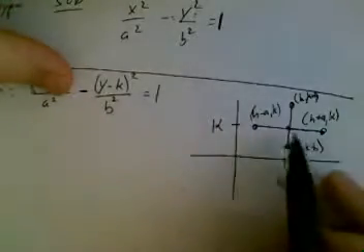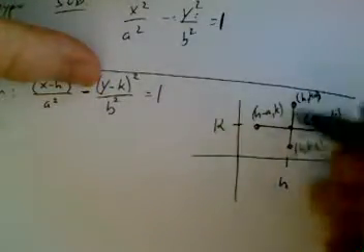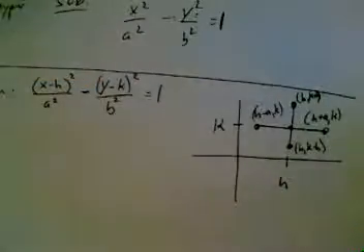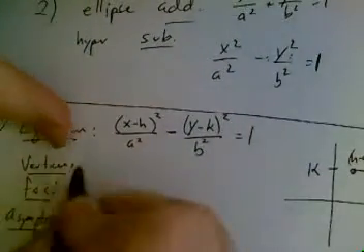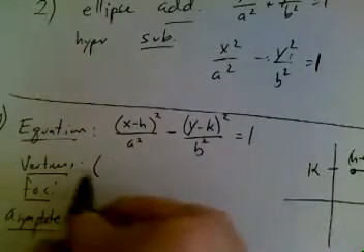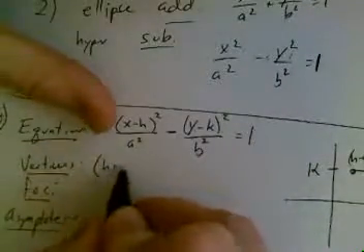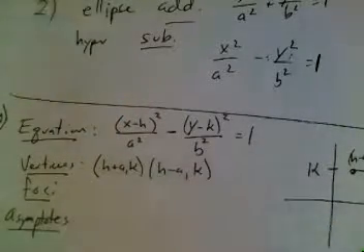And then a is going to be the shift over left or right because it's with the x, and b is with the shift up or down in terms of the y because it's with the y. Now, how does our hyperbola really look? Before I get too far ahead, let me label my vertices. My vertices will be the h plus a comma k and the h minus a comma k.